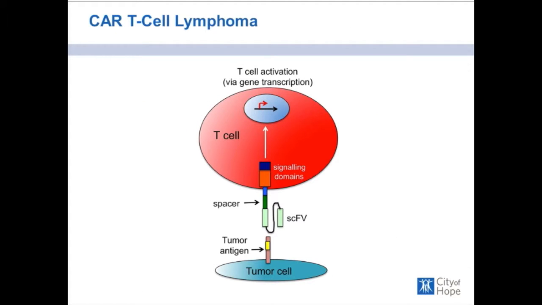This is now one of the most fascinating advances that relate to an allogeneic approach, and this is CAR T-cell therapy, where you take T cells, CD4 and CD8 T cells, and you put into those cells the genes for an immunoglobulin molecule that can recognize a target antigen.